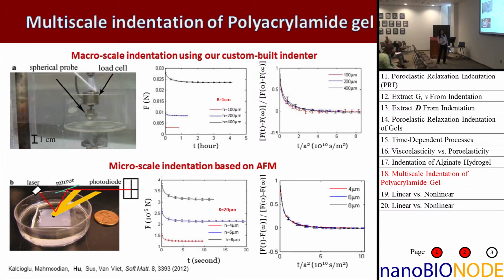In small scale, we use a spherical tip, 20 micron size, and indentation depths are from 4 micron to 8 micron. And you can see the time is significantly reduced from several hours to just several seconds. But in both scales, you see poroelastic behavior. And the extracted material properties compared reasonably well, right?